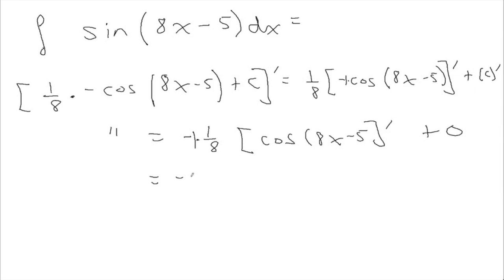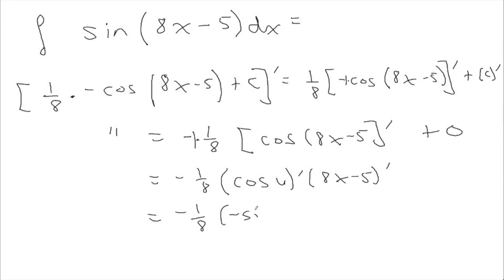So this would be -1/8. Then you use the chain rule. What's the derivative of cosine u? That's negative sine u. So what you did is you took the derivative of negative cosine u to be sine u. What's the derivative of 8x minus 5?